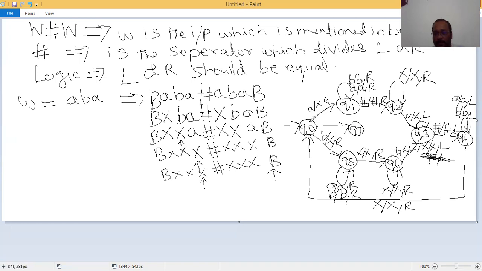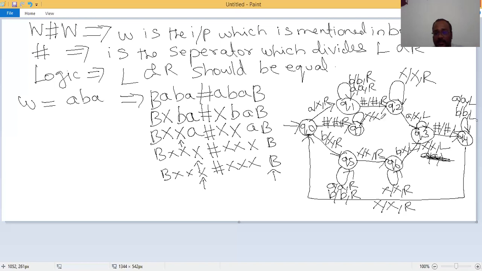So just draw another state, Q7, and mention this hash is mentioned as hash and moving to the right hand side, you will be having the state Q7. After that, we have to check whether any other element is present on the right hand side or not. Immediately after hash, you will be having many X's.